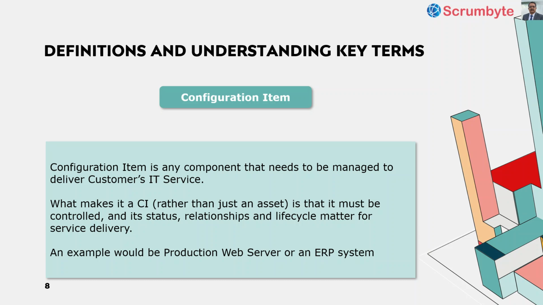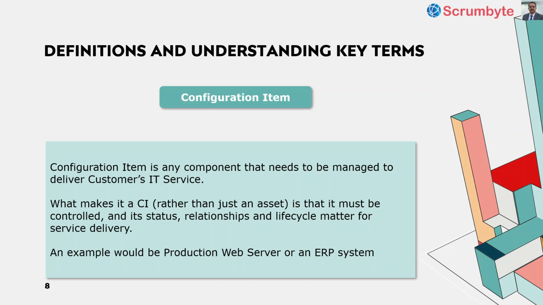Here, we are not going to consider the printer as an asset alone. Yes, it is an asset, no doubt about it, but it is something that is very central to running a business. So you have to control that printer. You have to know its status. You need to understand the relationship in terms of service delivery.